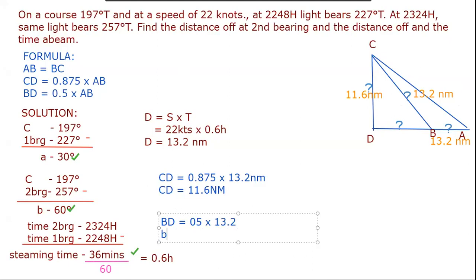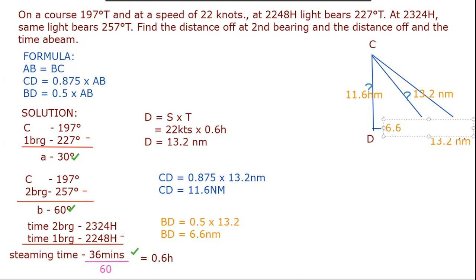So the value of our BD is equals to how much? 0.5 times 13.2 equals 6.6 nautical miles. Okay, so ibig sabihin nakuha na natin yung value ng ating BD, which is 6.6 nautical miles. So that's the rule.